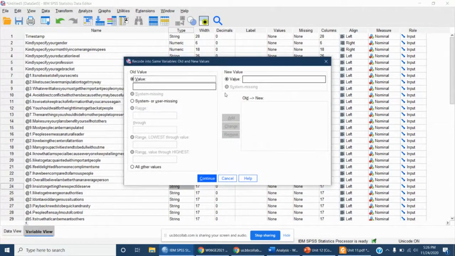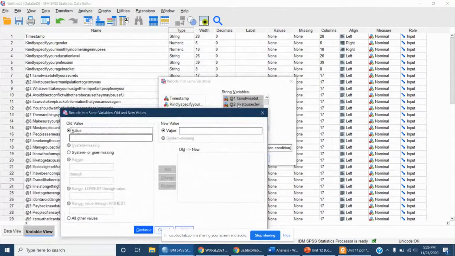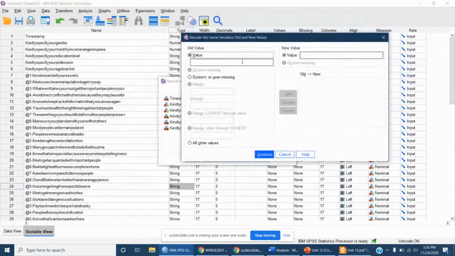So I will just make these changes. Strongly disagree is basically 1 in my data. I will add it here. Disagree is basically 2 in my data. I will add it here.